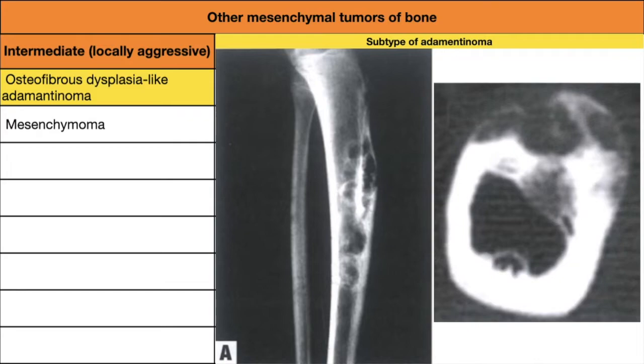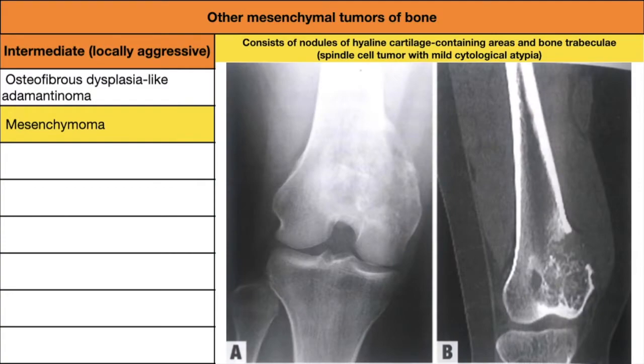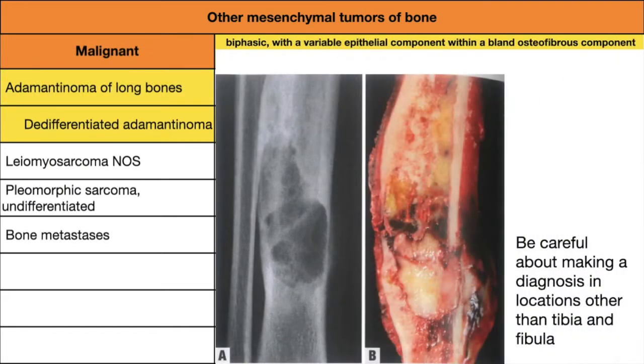Osteofibrous dysplasia like adamantinoma are locally aggressive subtypes of the adamantinoma. Mesenchymoma are locally aggressive other mesenchymal tumors of the bone consisting of nodules of hyaline cartilage containing areas and bone trabeculae. Adamantinoma is a malignant other mesenchymal tumor of the bone, biphasic with a variable epithelial component within a background of osteofibrous component.